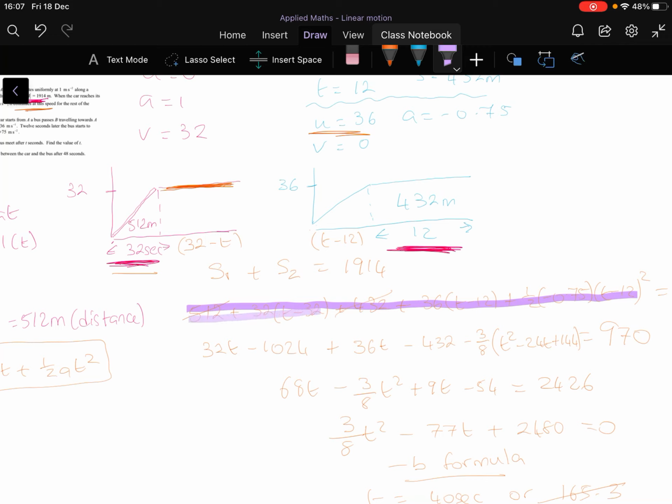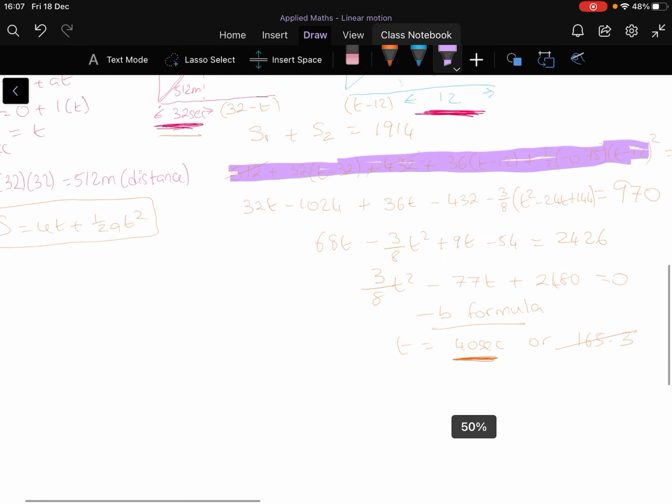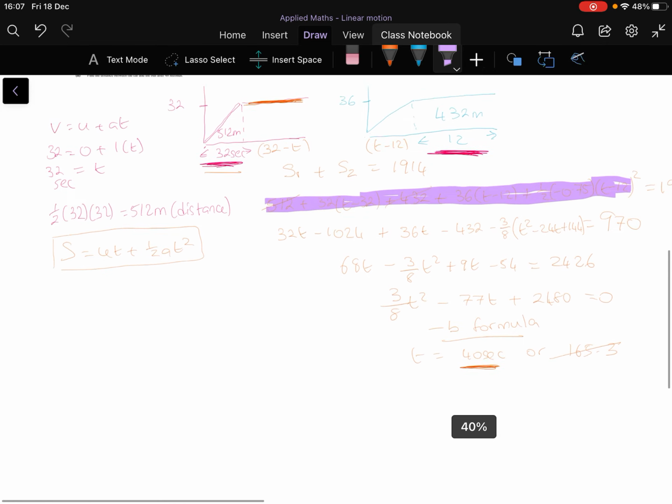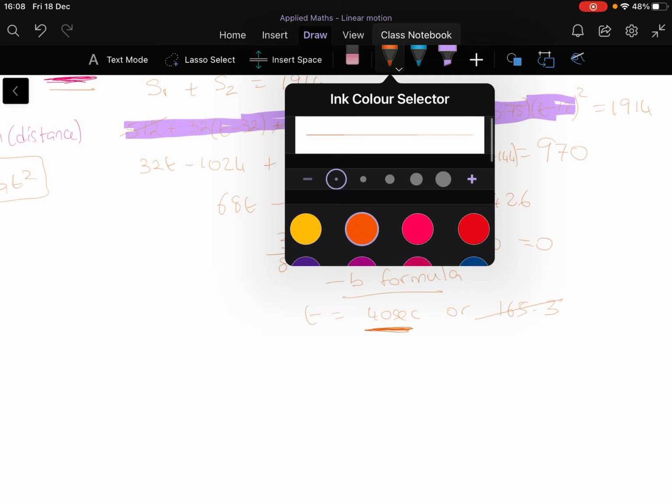And when I add them together, I'll end up having to subtract my original distance because it's asking the distance between the car and the bus after that. So I'm going to substitute in my value, they said 48 seconds. I'm going to sub in 48 seconds into that top thing there.